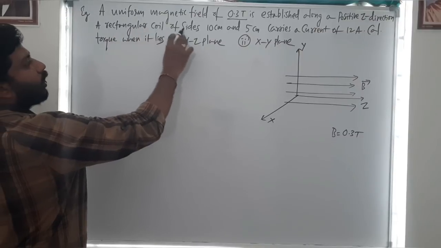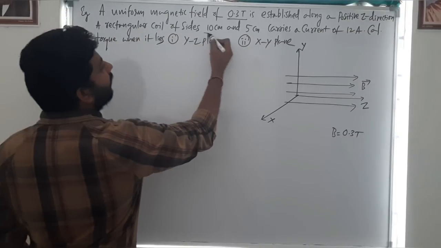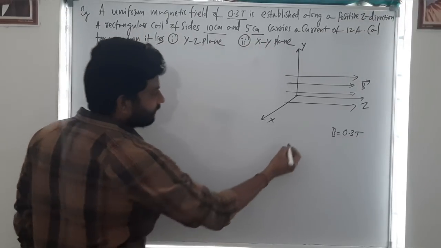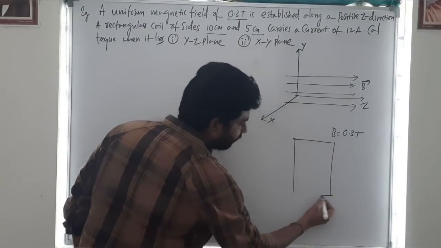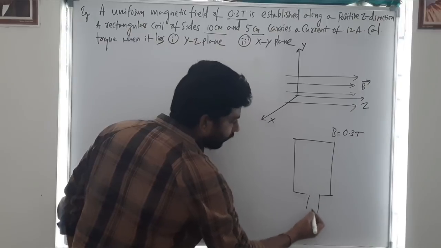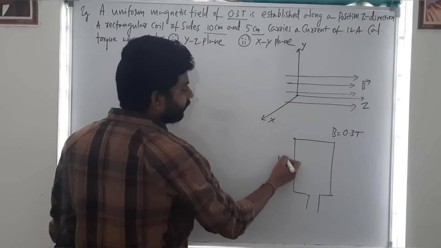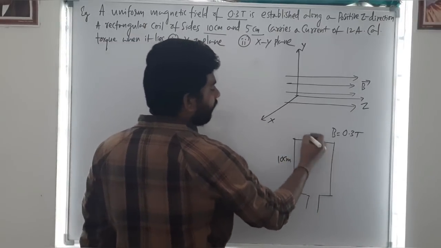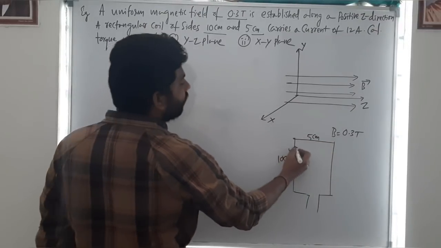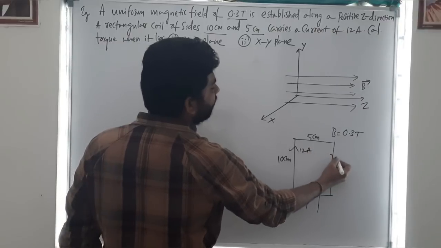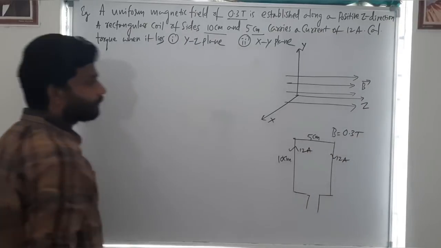A rectangular coil of sides 10 centimeter and 5 centimeter is carrying a current of 12 ampere, whatever it may be.